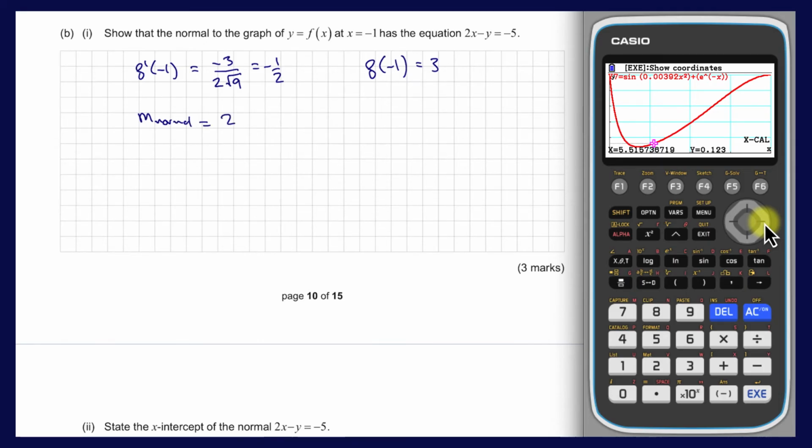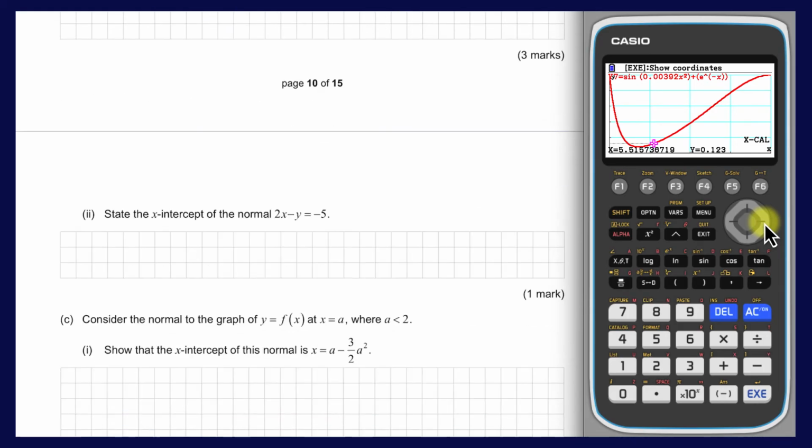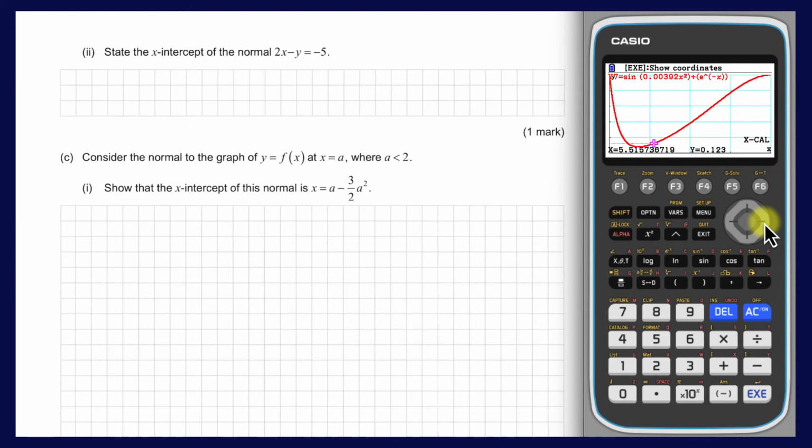And from there we can pretty easily find the equation of the normal using a couple of different methods. I'm going to write the equation as 2x minus y equals 2 by the x coordinate minus 1 by the y coordinate, and that equals minus 5. So we have 2x take y equals minus 5. That's probably the quickest route to home for the equation in that form. Now I need the x coordinate of this normal. That's actually quite easy to find from this one. The y term disappears, so you get 2x equals minus 5, so x equals minus 5 over 2.